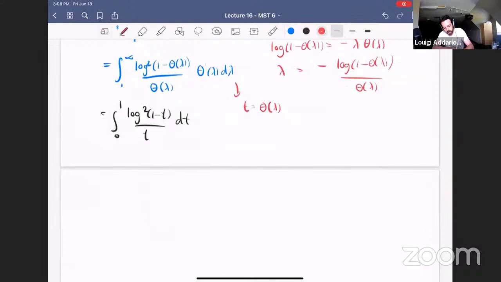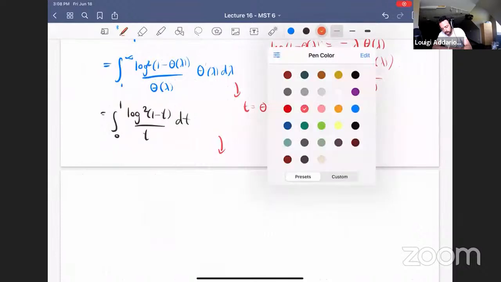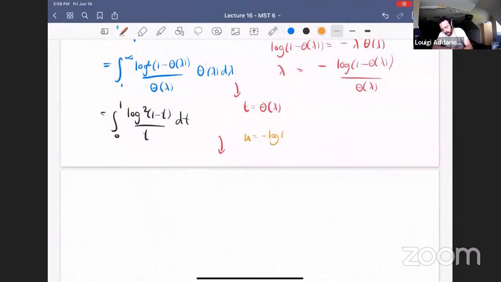Now the right thing to do turns out to be to take u to be minus log(1 minus t). Or equivalently, t is 1 minus e to the minus u, so that dt is e to the minus u du. And what are the terms in this integral? So log squared (1 minus t) is u squared, and 1 over t is 1 over 1 minus e to the minus u, right?